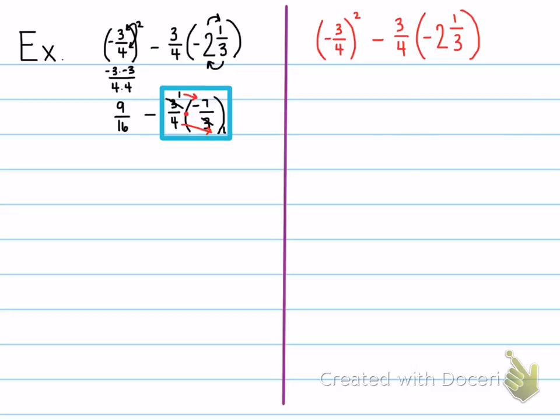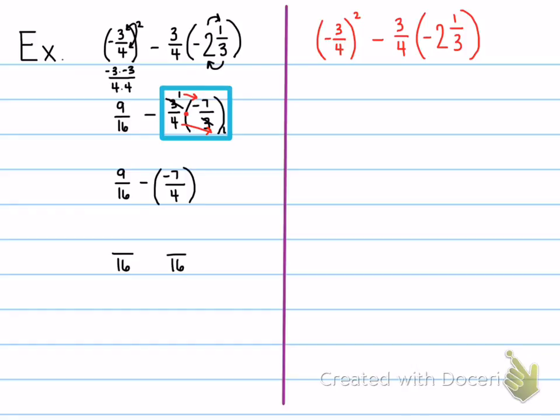9/16 minus, and again, it's -1 and 1 times -7, so it's -7 over 4 times 1 is 4. So I have 9/16 minus -7/4. I'm going to change my common denominator to 16 for both of them.